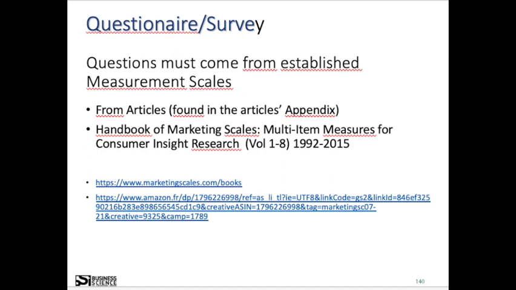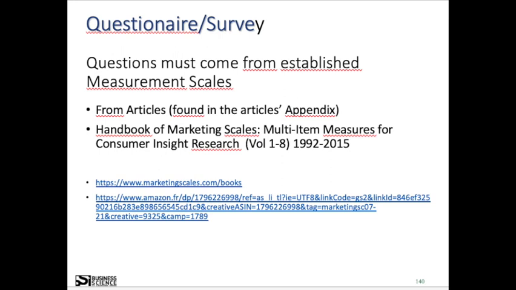You should use these scales coming from the articles because professional researchers have developed them. And only specialists and professionals can develop new scales. And so it's a job of its own for a researcher to develop scales.